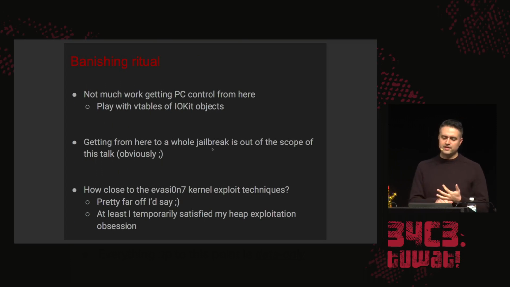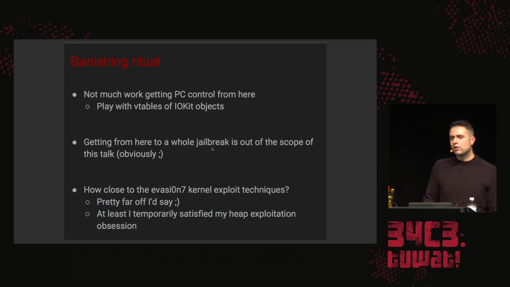And from there you can also do an arbitrary read, right? By the arbitrary read, you can read the vtable of the IOKit object, so you know the KASLR slide, and you can corrupt it in order to get PC control. And of course, getting to a whole jailbreak from that point is out of the scope of this talk, but it's not that hard actually from that point on.